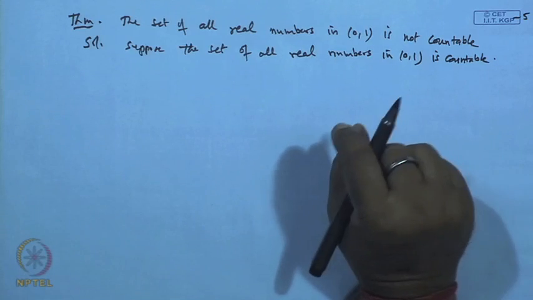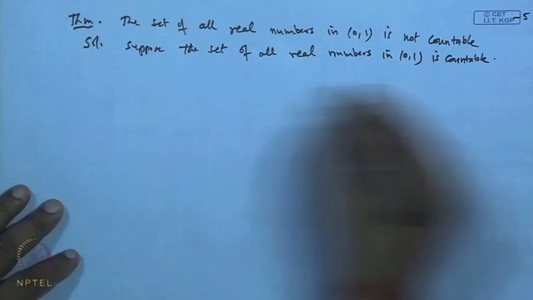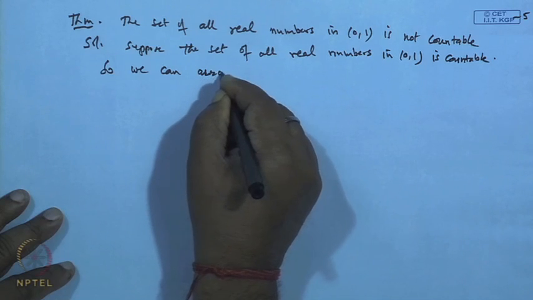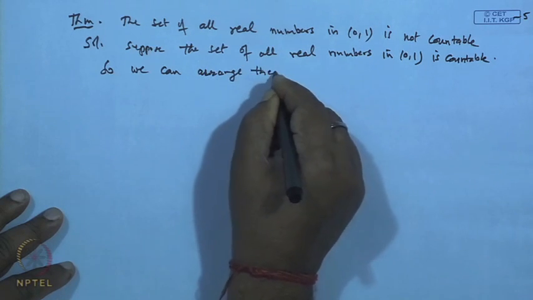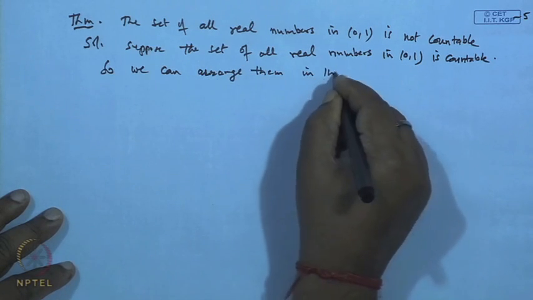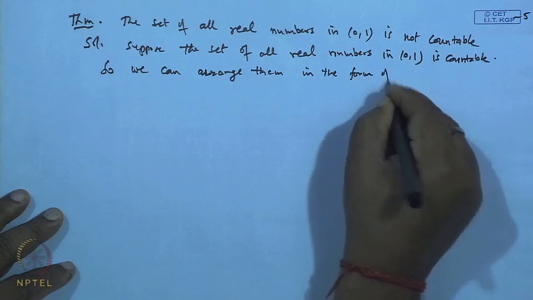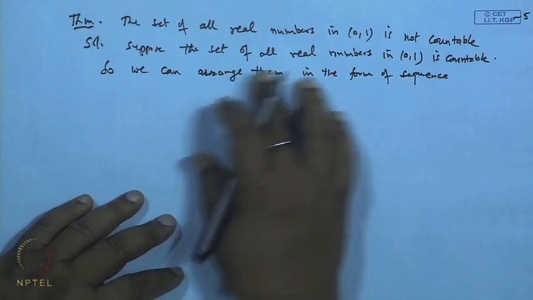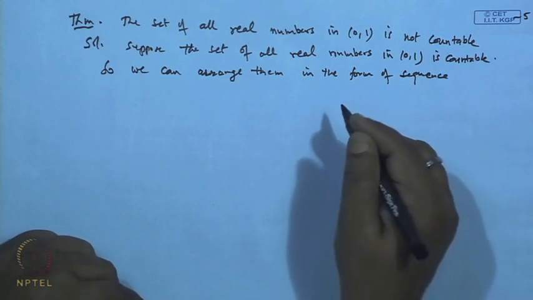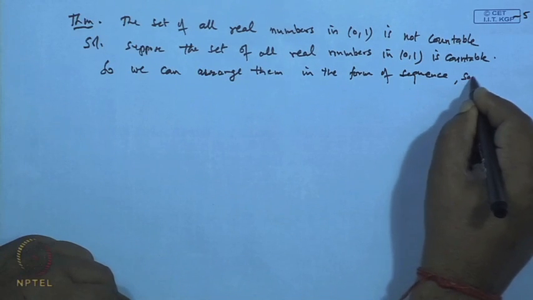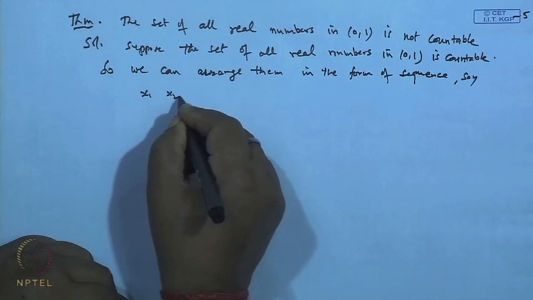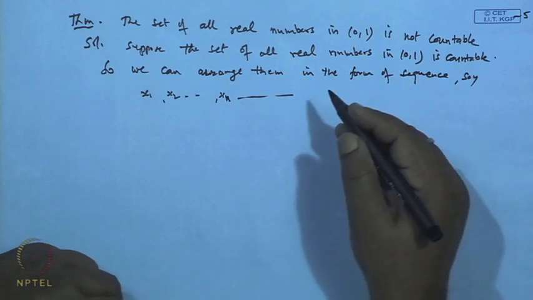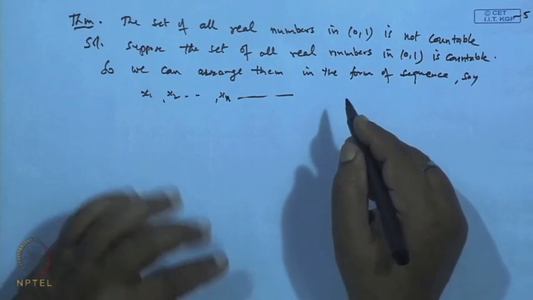Once it is countable, we can arrange the elements of this set in the form of a sequence, say x 1, x 2, x n and so on, because they are infinite. So we get an infinite sequence.